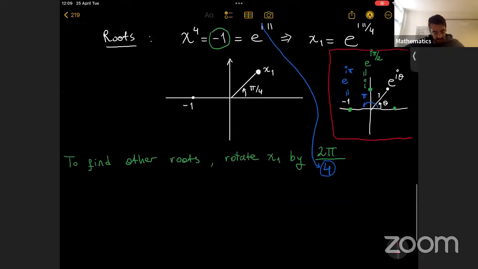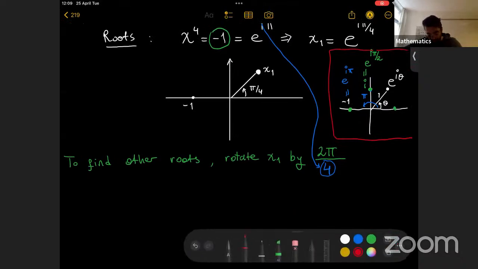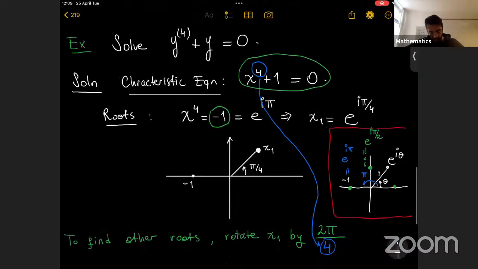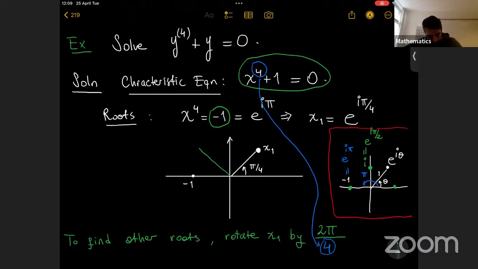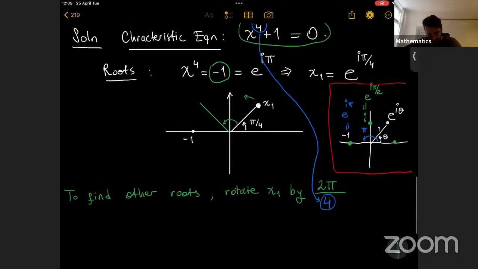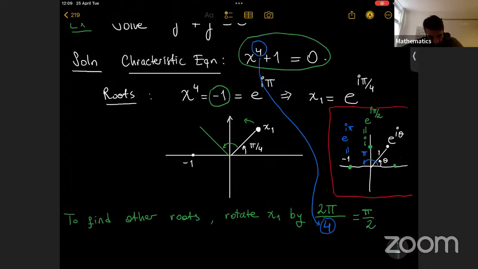So that means lambda 2 will be, so you rotate this, okay, by which angle here? This is pi over 2, so in total it is going to be 3 pi over 4.